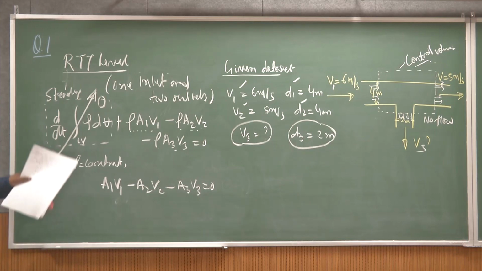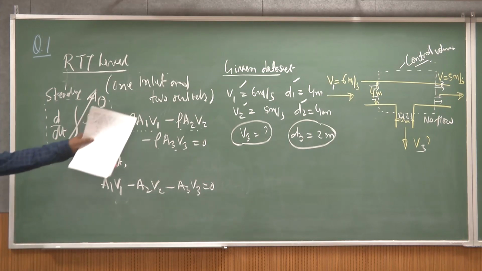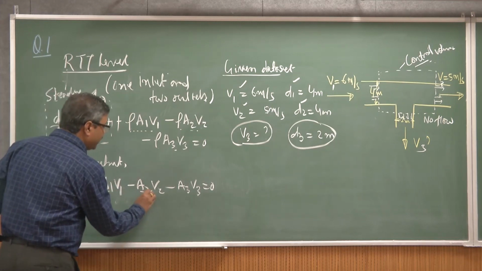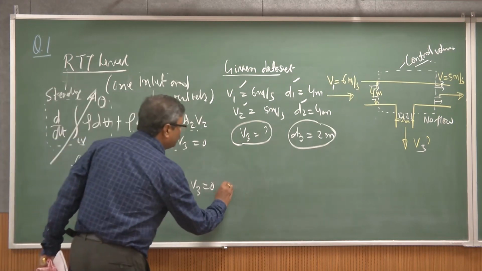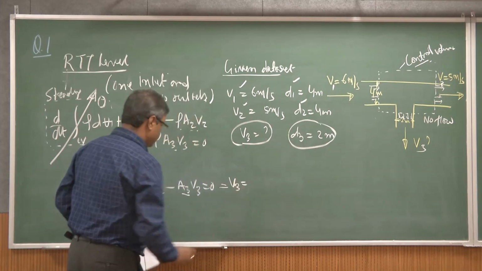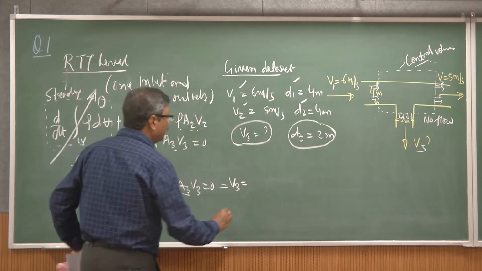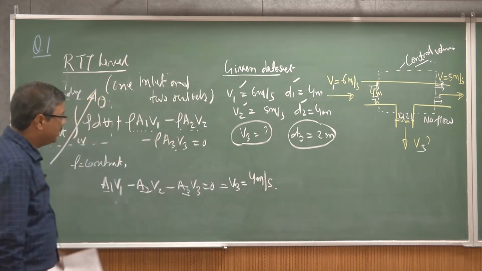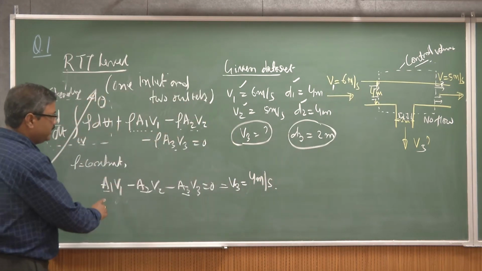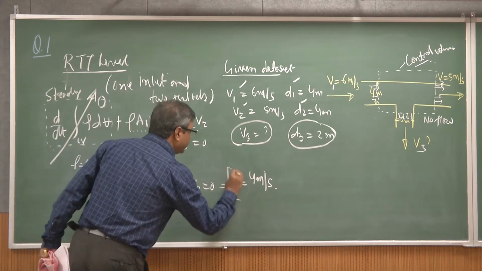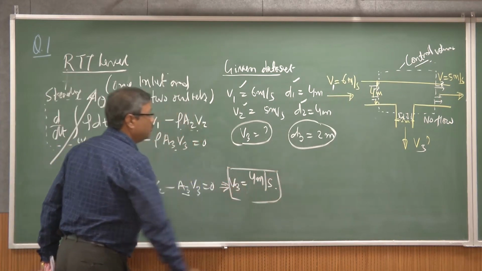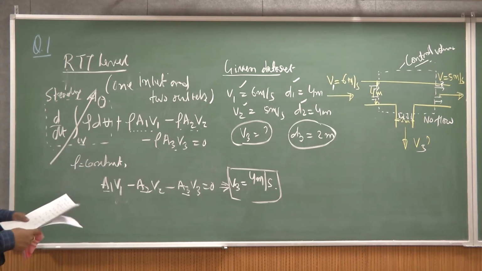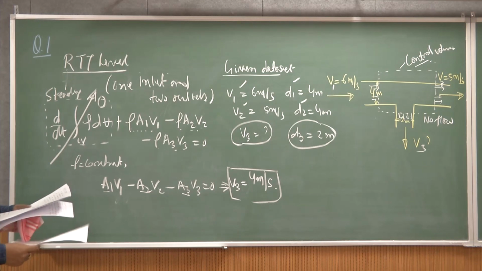So you just substitute the velocities and the area of the flow at A1, A2, A3 and compute the V3. That is going to come 4 meter per second. The numerical value I am not putting individually, but please put it, then you will get the solution V3 is equal to 4 meter per second. More details we will provide in the slides.